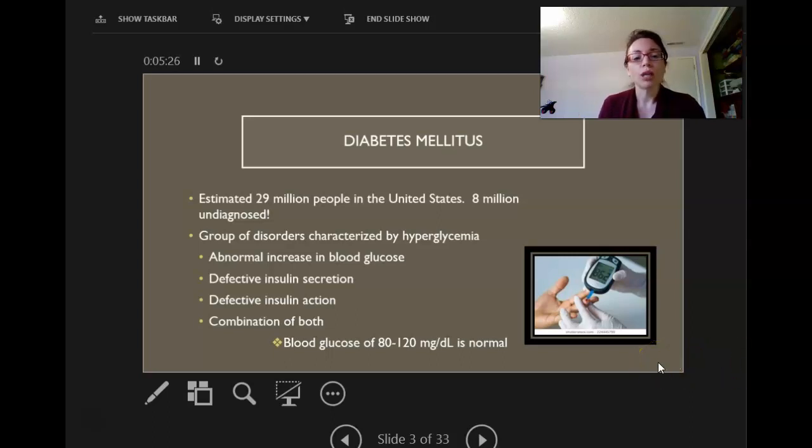A normal blood glucose reading would be 80 to 120 milligrams per deciliter, I believe. And you will probably take many blood glucose tests especially during your senior year.